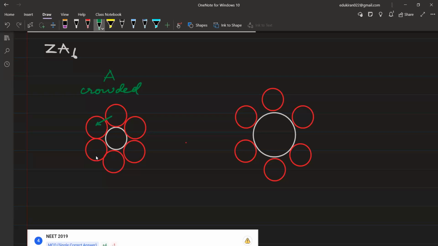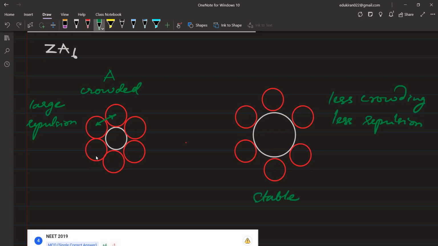These atoms will be very near to each other, and there will be large repulsion. When you have a central atom that is larger than the surrounding atoms, then you have less crowding and less repulsion. That is why this will be stable and this will not be stable.